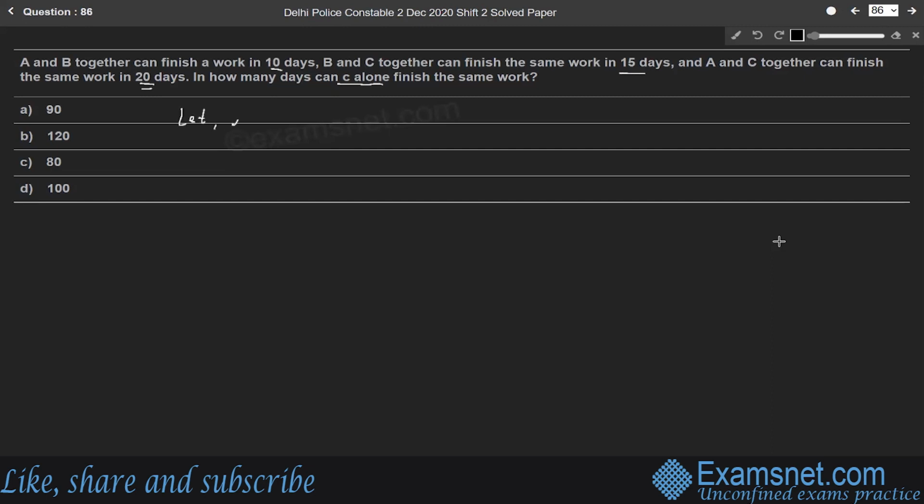Let the total amount of work be equal to 1 unit, right?